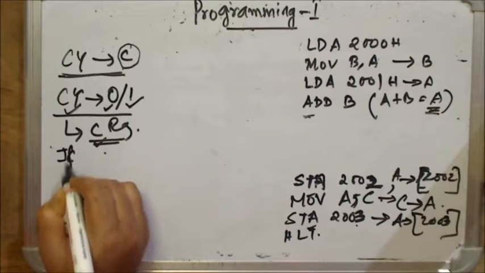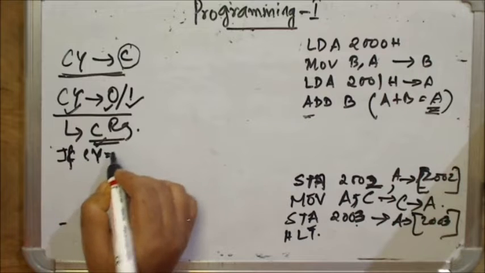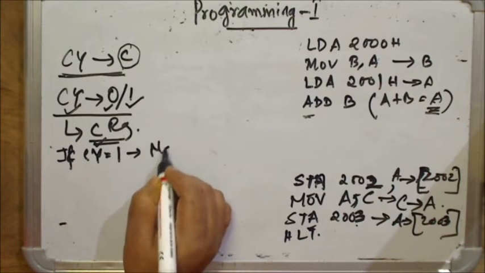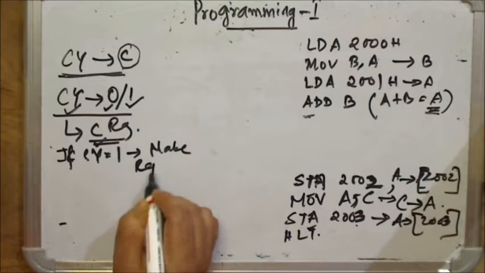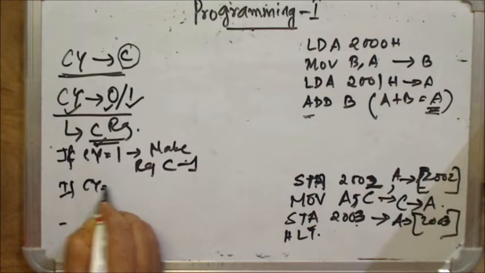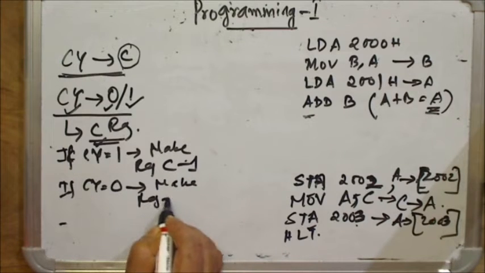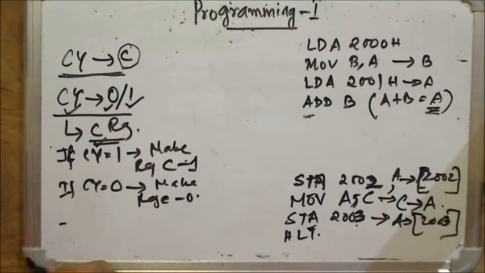If carry flag is 1, make register C 1. If carry flag is 0, make register C 0.